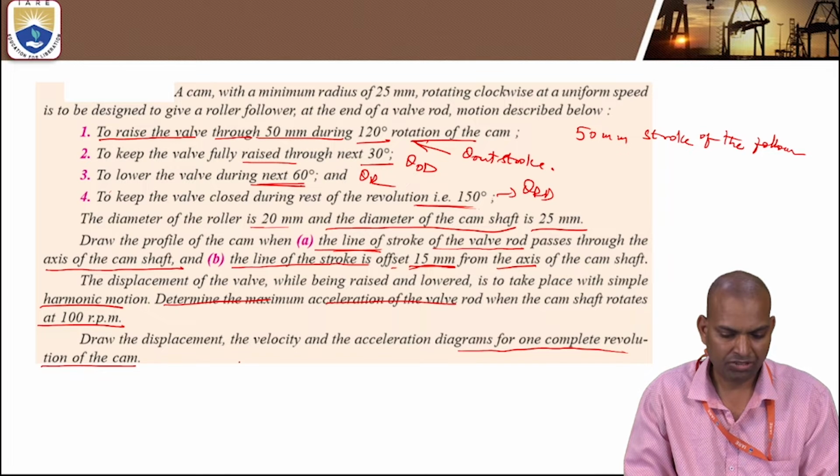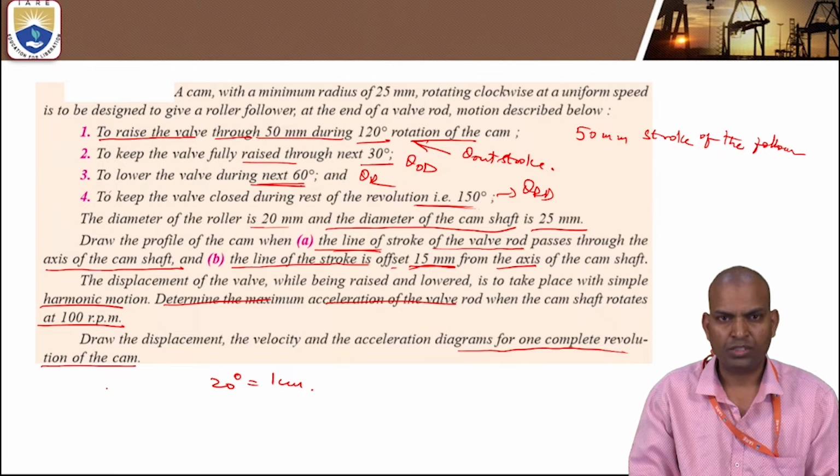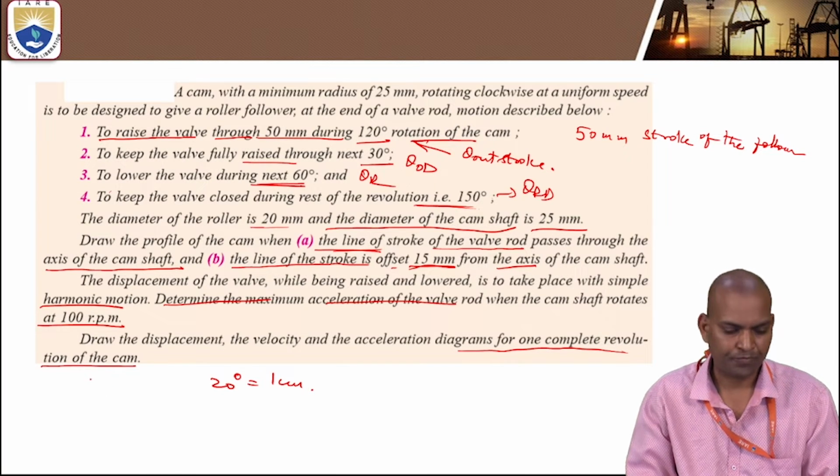You can see how to draw. Take a scale of 20 degrees equal to 1 centimeter. We have to draw a displacement diagram, that is the simple harmonic displacement diagram.